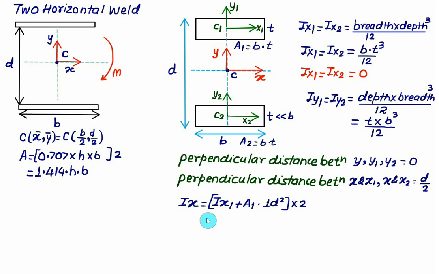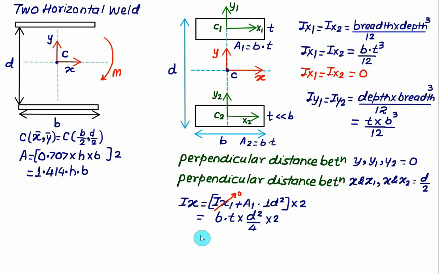The contribution of Ix1 is equal to 0 and even Ix2 is also equal to 0. So we have area A1 equal to b multiplied by t, and the perpendicular distance square is d square divided by 4, multiplied by 2.